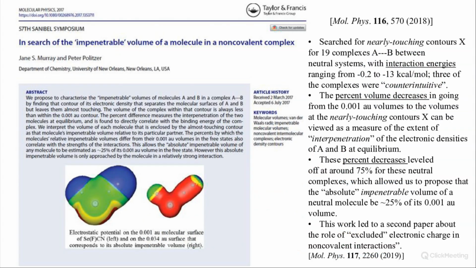So we looked at about 20 complexes ranging in strength from -2 to -13 kilocalories per mole, and we found the nearly touching points.